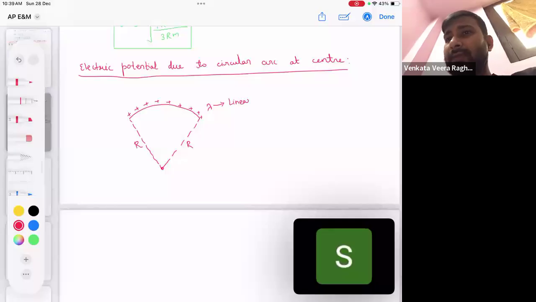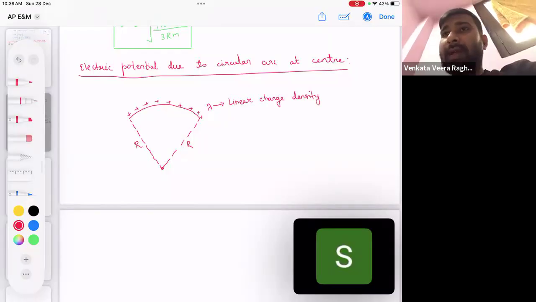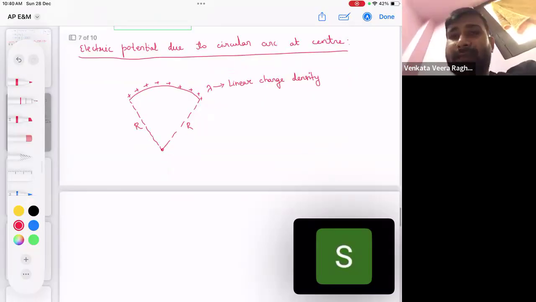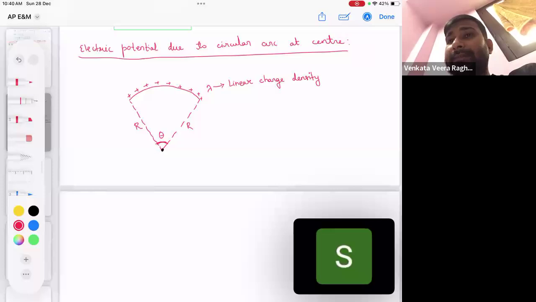Lambda is the linear charge density, or charge per unit length of the arc. We want to calculate the potential at the center. So tell me what will come. This arc must be making some angle theta. Please tell me how much it will come.